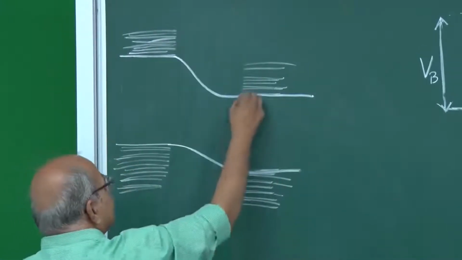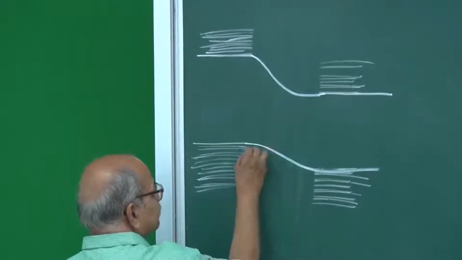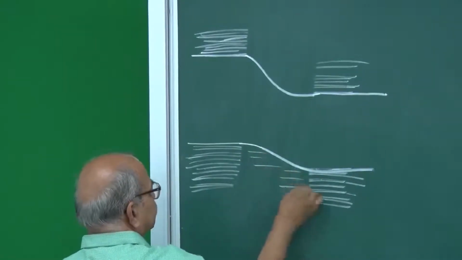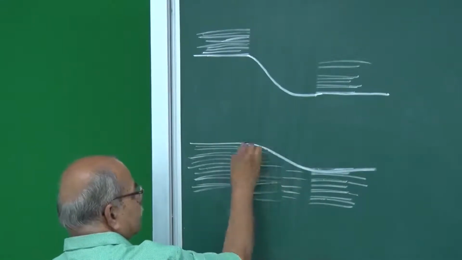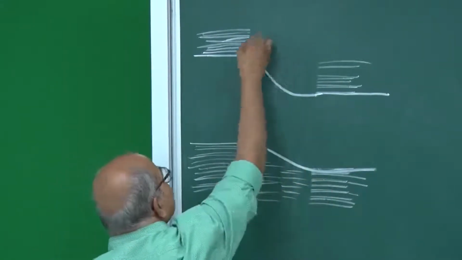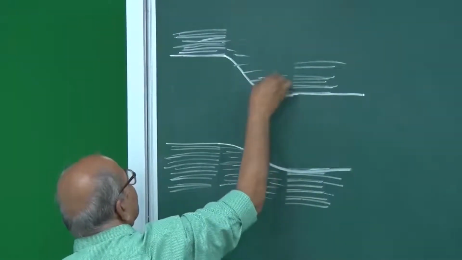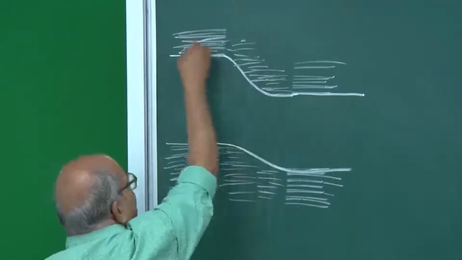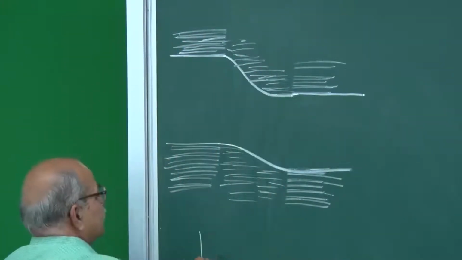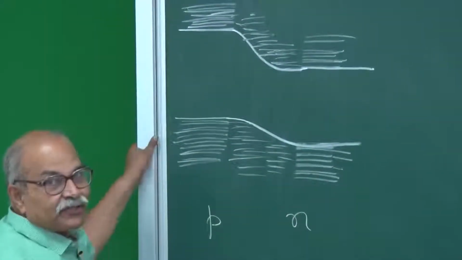So that's the kind of energy diagram you will have. These are your valence band energies, and these are the conduction band energies. So the band is shifted like this. This is the P side and this is the N side. This is the depletion region and so on.